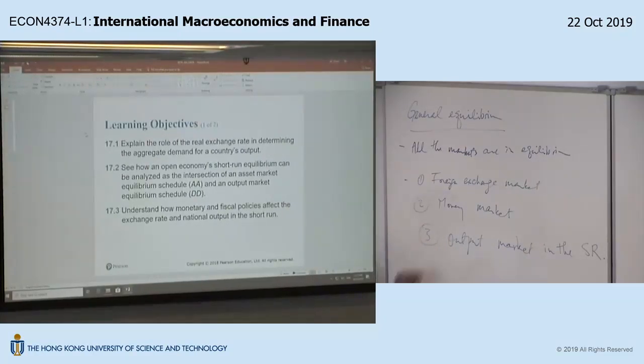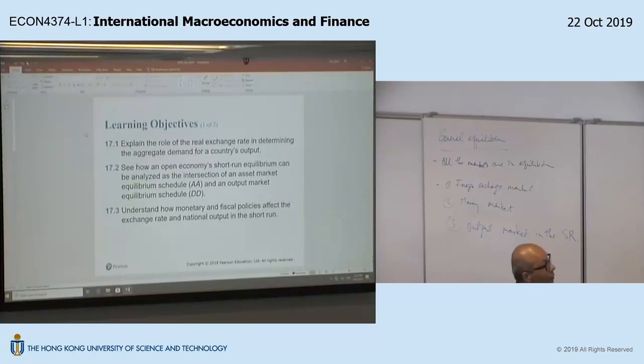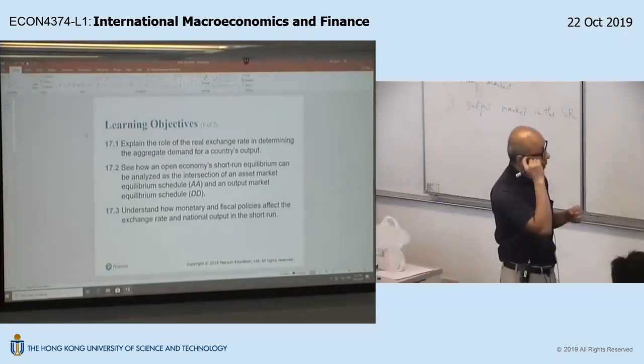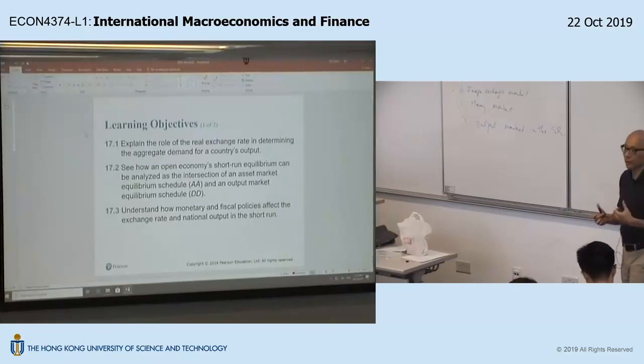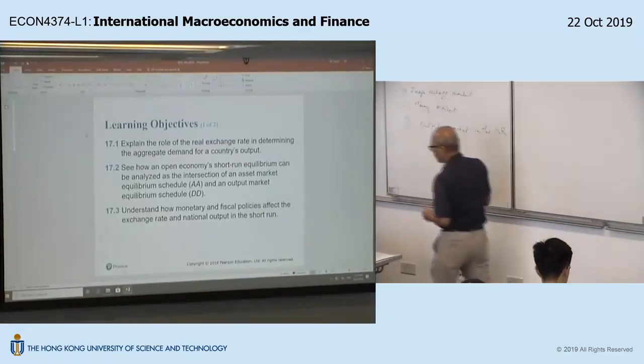Once we take into account all these three markets, this AADD framework will help us put them together to analyze the general equilibrium of these three markets. Later on, we'll talk about the effects of monetary policy, and we still use the AADD framework.